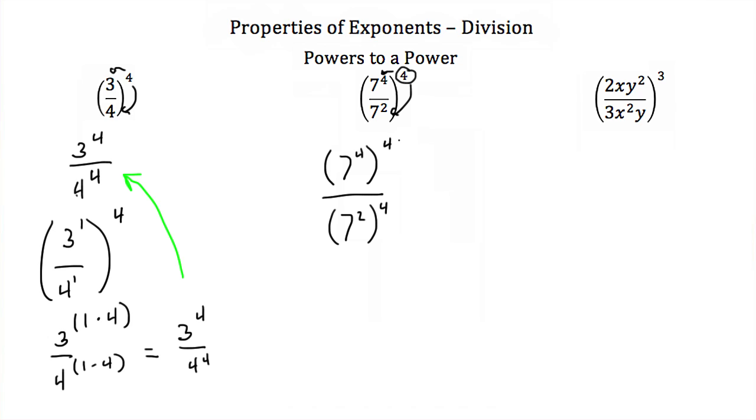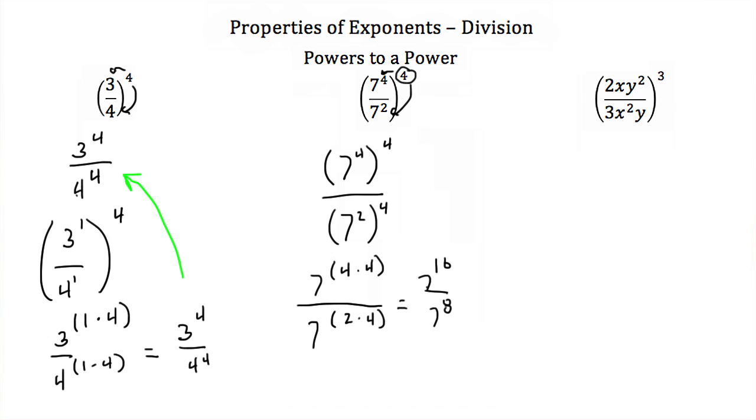Now we have a power to a power, so we need to multiply our exponents. So 7 to the 4th power would be the same as 7 to the 4 times 4 power, and that's divided by 7 squared to the 4th power, or 7 to the 2 times 4 power. This is equal to 7 to the 16th over 7 to the 8th.